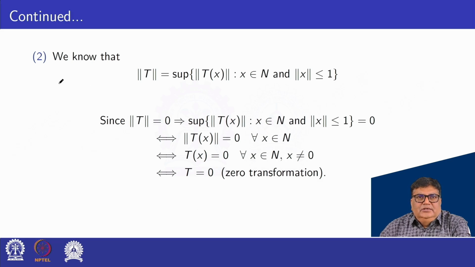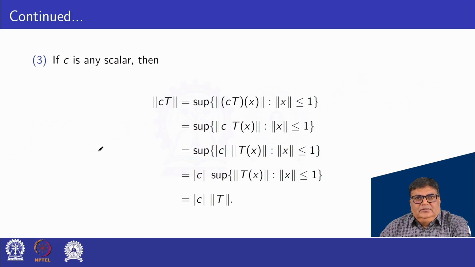Hence the second condition of norm is satisfied. Third, if C is any scalar, then norm of CT is equal to the supremum of norm CTx such that norm x is less than or equal to 1. CTx can be written as the supremum of norm C into Tx such that norm x is less than or equal to 1.